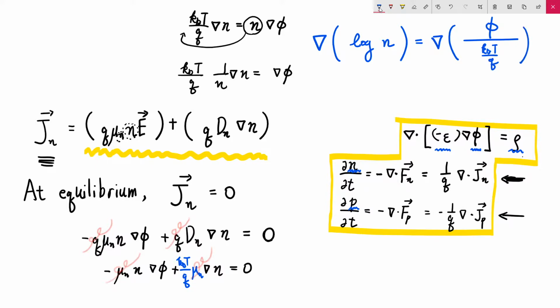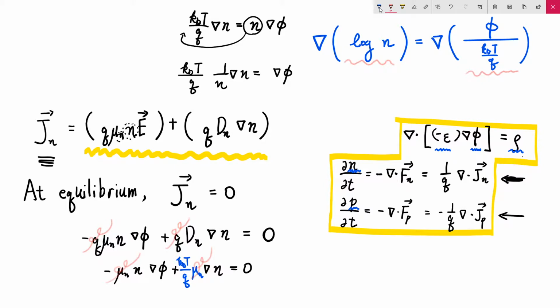This is a constant, and yes, this guy comes to here. That's it. So these two quantities, log n and phi normalized by kBT over q, have the same gradient.